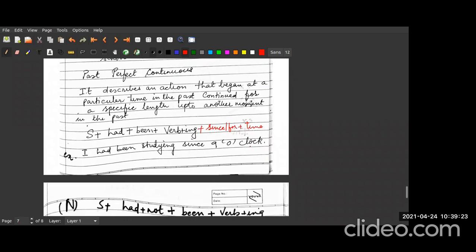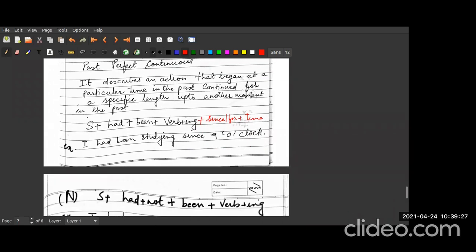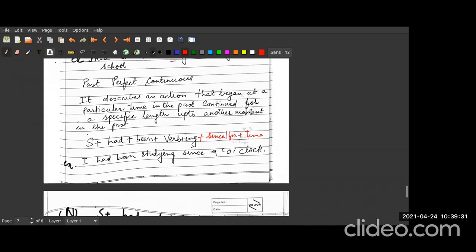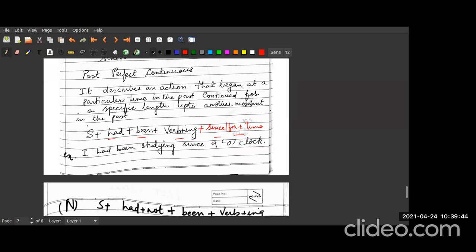I had been studying since 9 o'clock. So what are you using in the past perfect continuous? Had plus been plus verb plus ing plus since plus for plus time. I had been studying since 9 o'clock.